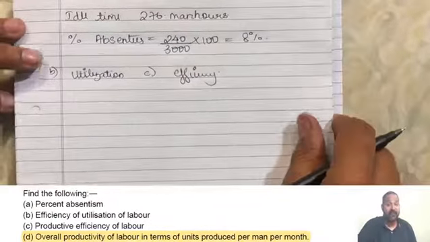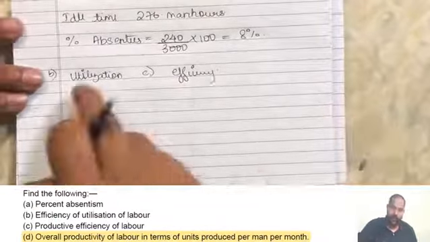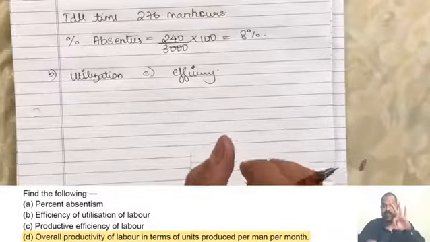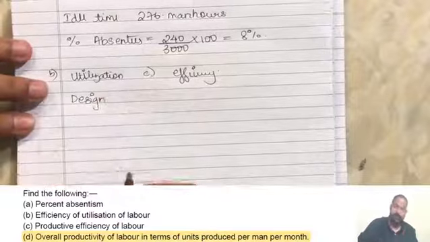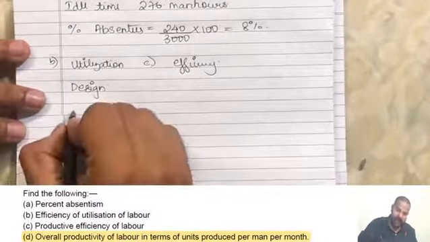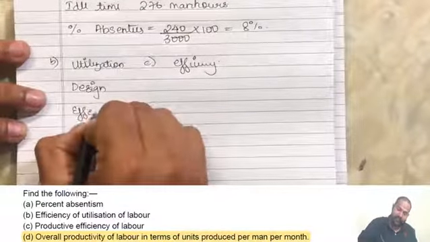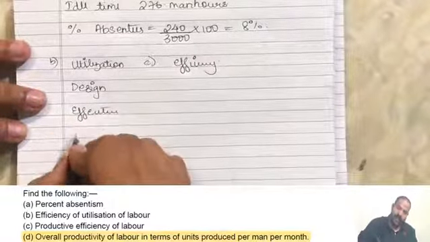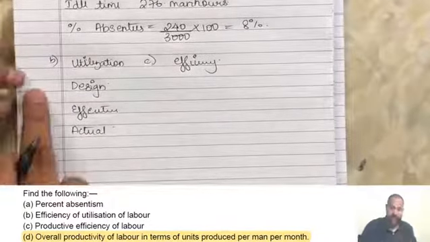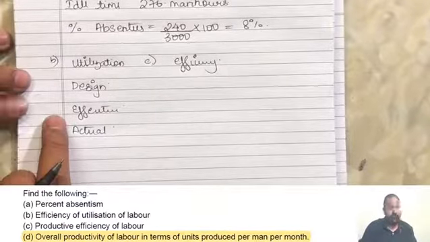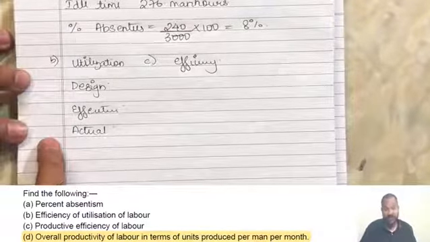What did we have in the previous question for utilization and efficiency? Well, we needed three things. One is a design. The next was an effective. And the last was actual. So remember, we said design was 50,000, effective was 40,000, and actual was 36,000.